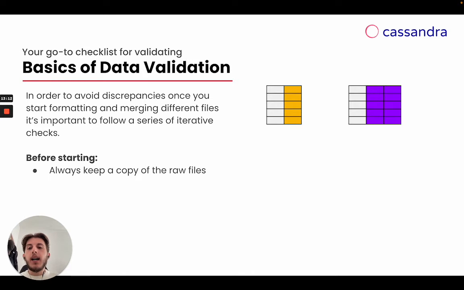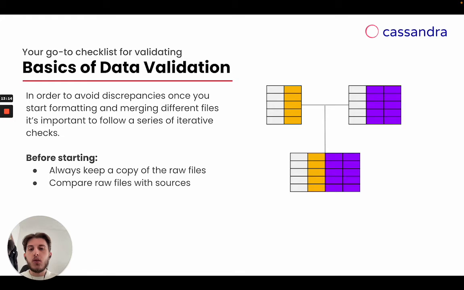Then, always before even starting to merge, in order to be sure where our issues are coming from, we need to be 100% sure that the raw data is correct.